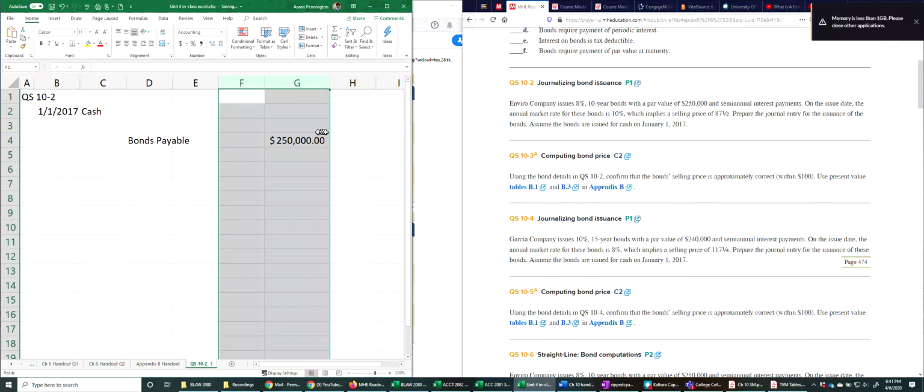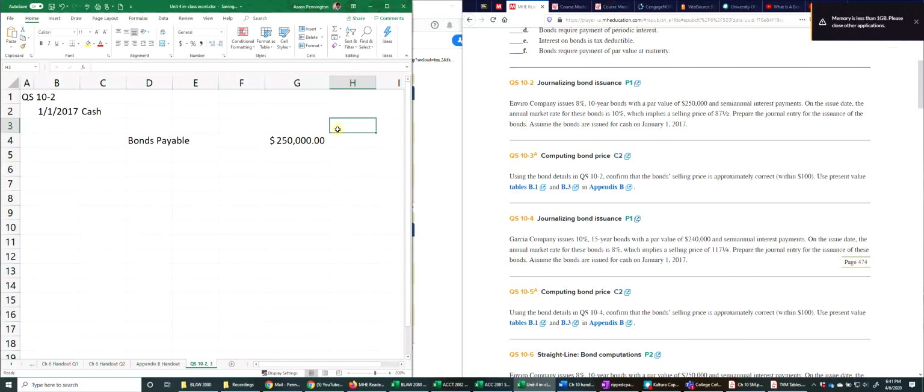Okay. So from our lecture, we talked about bonds issued at a premium or a discount. Now we know these are issued at a discount. Well, it gives you the price, 87.5% of face value. But even if it didn't give us that, we know that these bonds would be discounted because the bonds pay 8% interest. That's the contract rate.